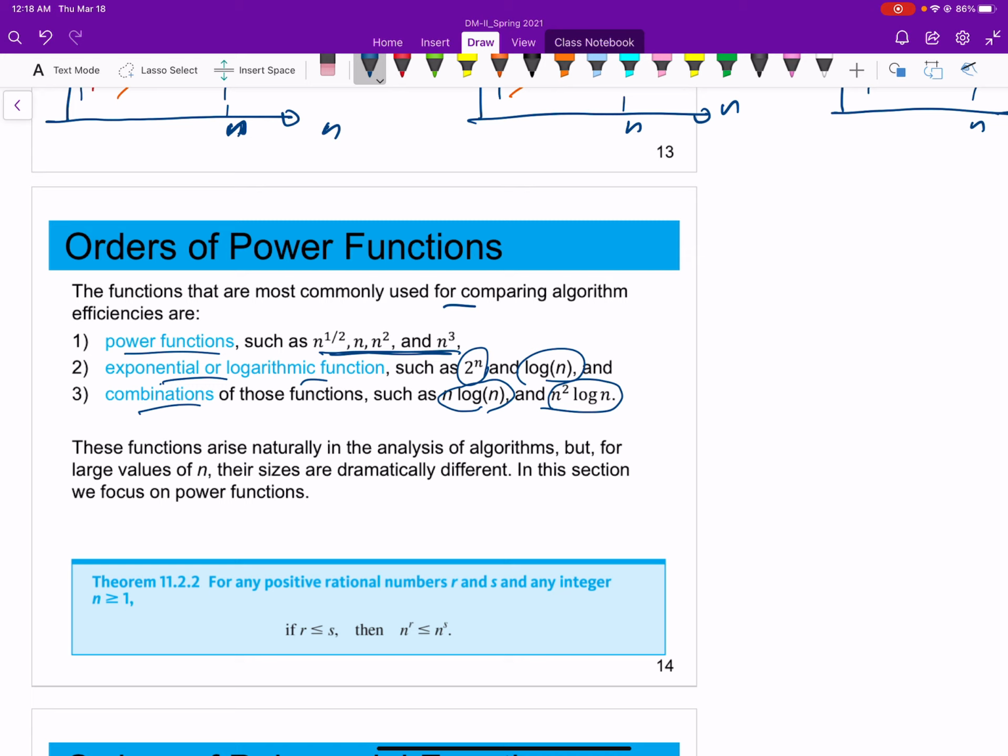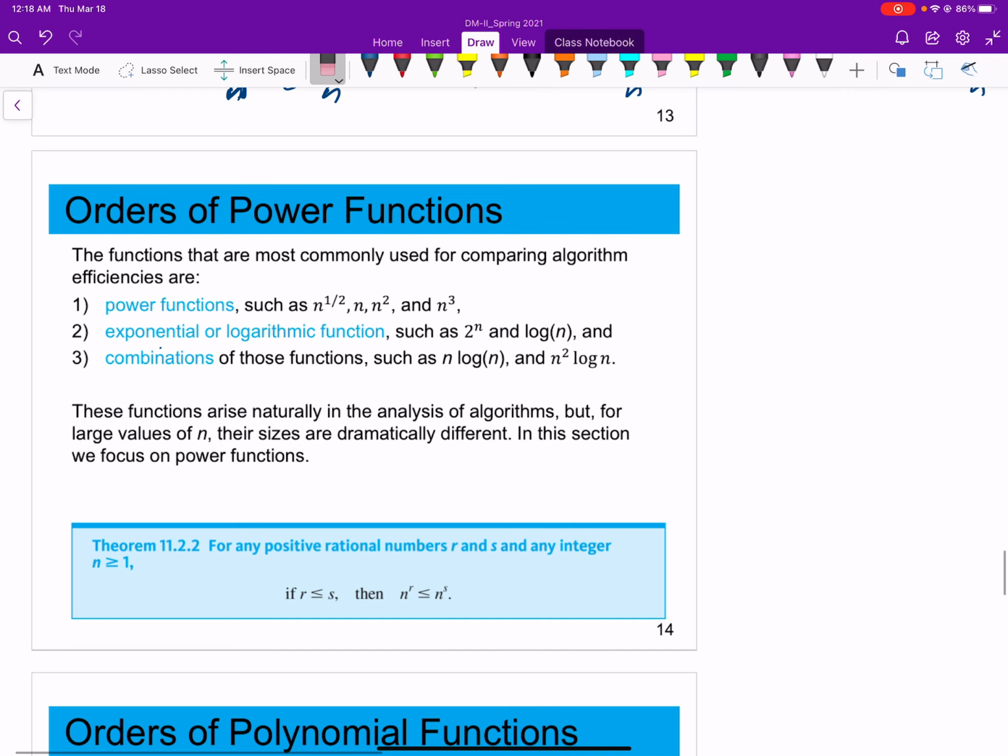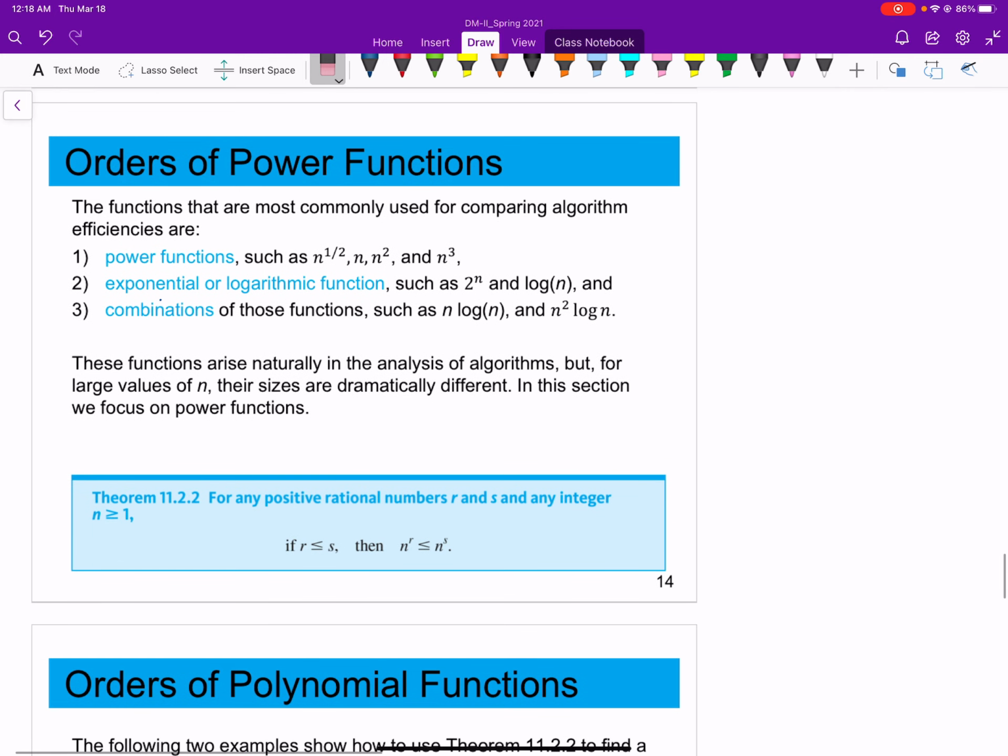You might have seen these functions used to represent the complexity of an algorithm. Those are the commonly used functions. I'm just expressing these things because you might need them later.